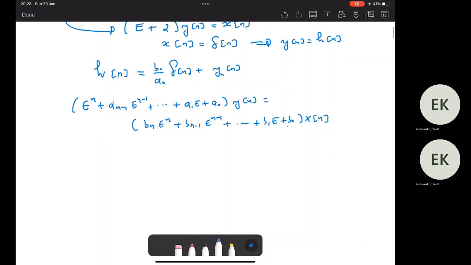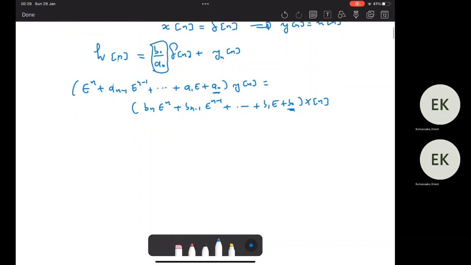Therefore, the coefficients B0 and A0 are the ones that are given as a ratio, as the weight of the impulse response.